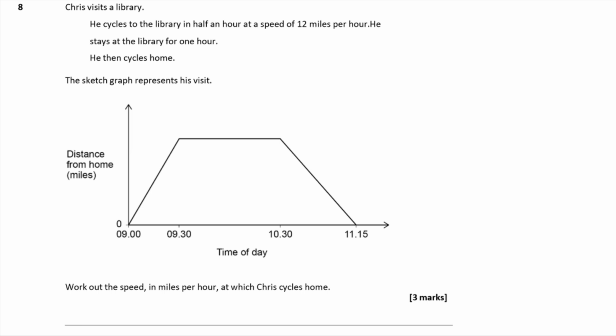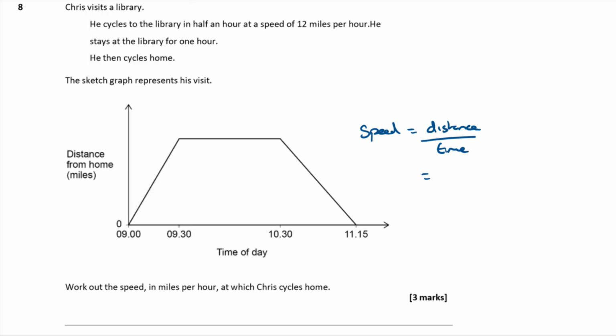Okay. Right, so average speed is equal to distance travelled divided by time taken, isn't it? So speed equals distance travelled over time taken. Okay, how much distance did he travel in his journey home? Well, it's not on the scale, is it?